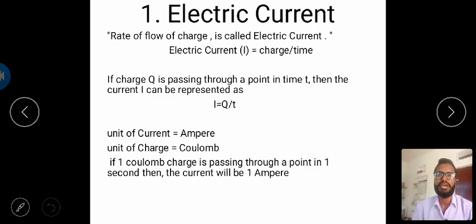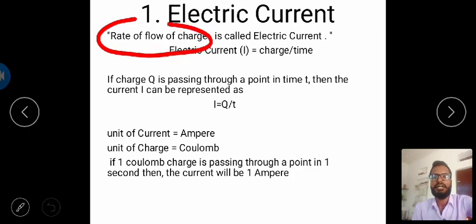So first of all we start with electric current. What is electric current? We can define the electric current as rate of flow of charge, rate of change of charge, many ways. Rate of flow of charge is called electric current.